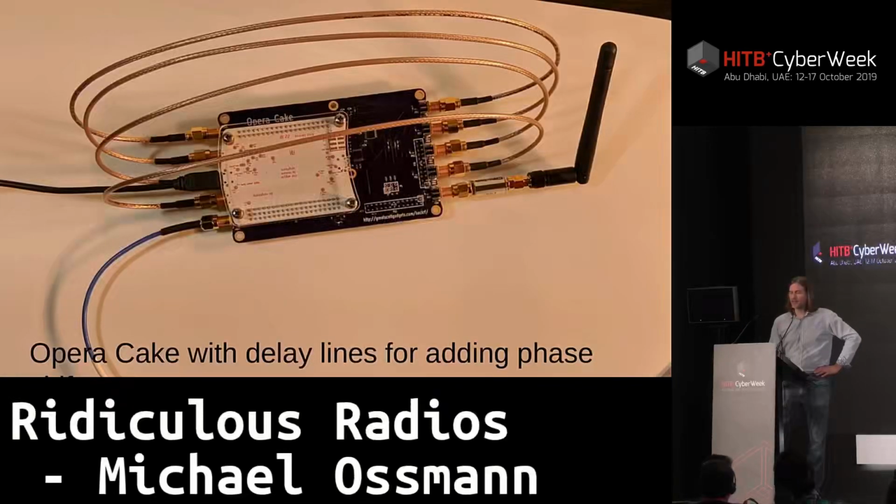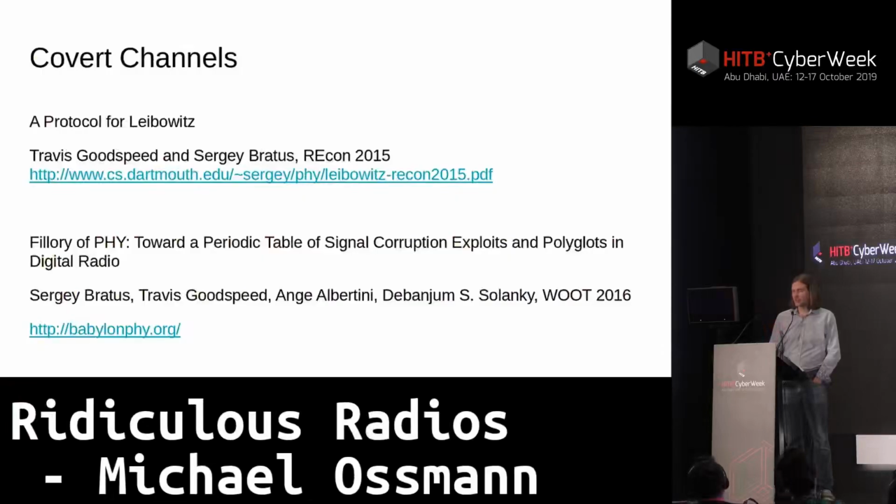And so in this case, again, we were using an Opera Cake, in this case controlled by a GreatFET, but otherwise just an Opera Cake to switch back and forth between multiple delay lines.